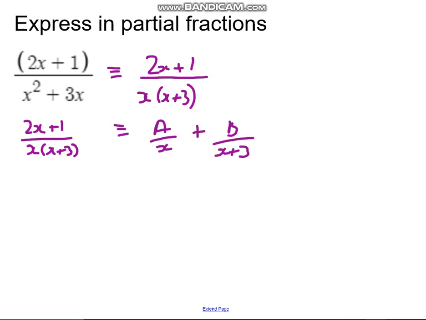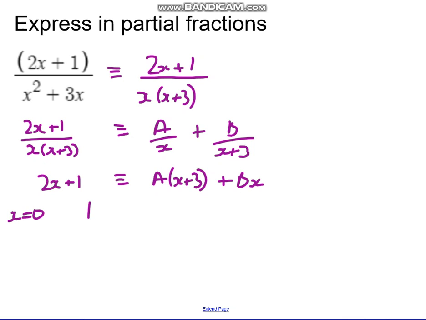We can now multiply through by this denominator, giving us 2x plus 1 is identically equal to A times x plus 3 plus B times x. Okay, so to make matters easier, we're going to set x equal to 0.